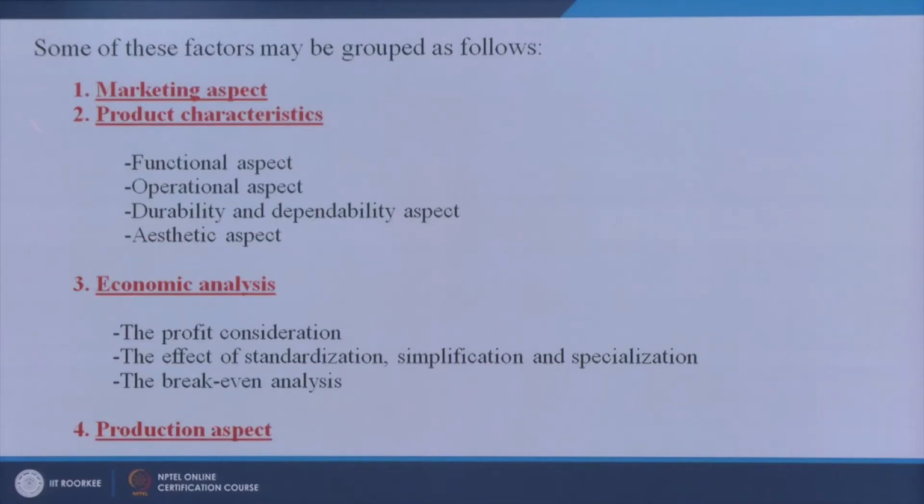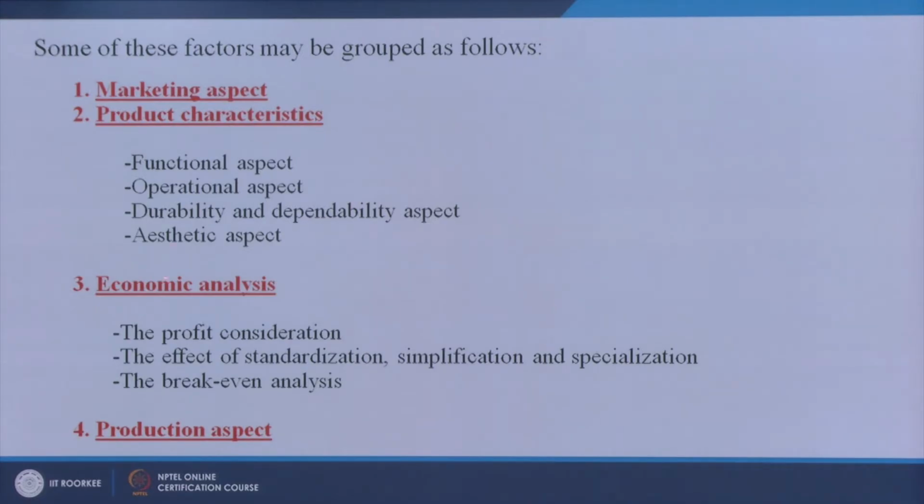And as per Samuel Eilon, some of these factors may be grouped as follows. So when we analyze a product, we can at first have the marketing aspects, then the product characteristics. Like in product characteristics we will see functional aspects, operational, durability and dependability, and aesthetic aspects.